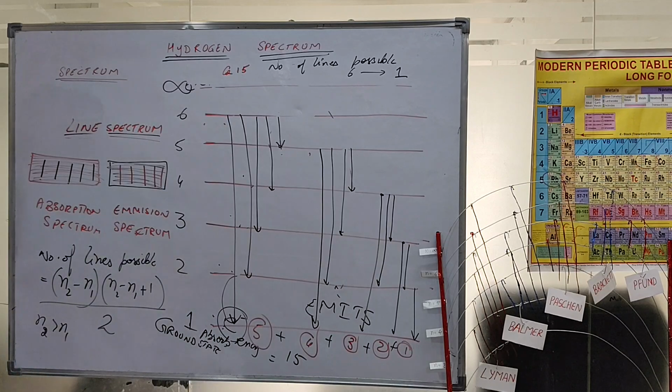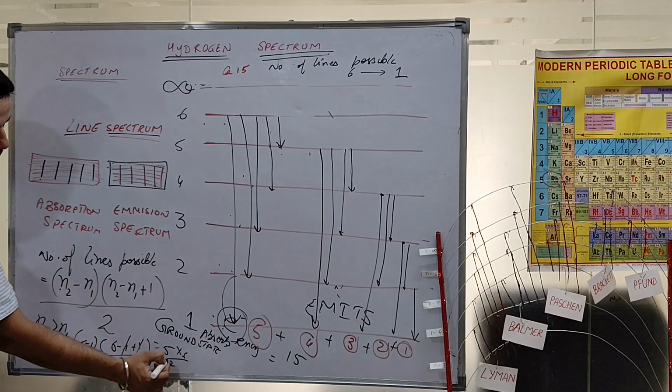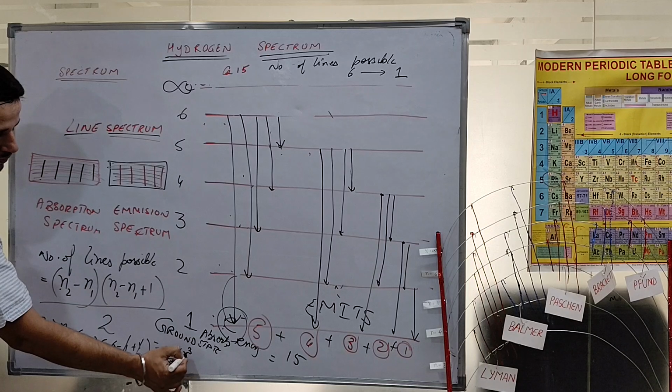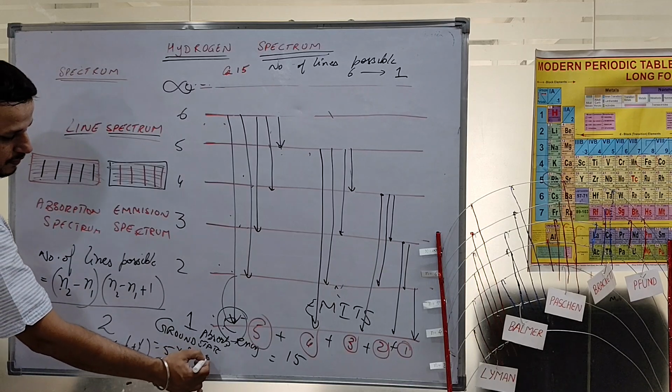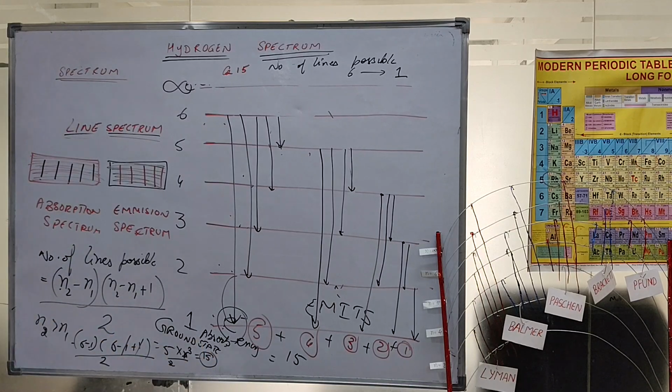From 6 to 1 means (6 minus 1) into (6 minus 1 plus 1) divided by 2. So 6 minus 1 is 5, and minus 1 plus 1, so 5 into 6 by 2. So 2 into 3 is 6, so it is equal to 5 into 3, 15 lines.